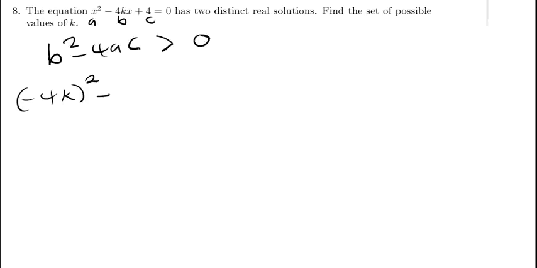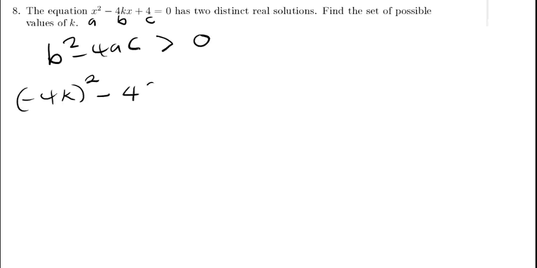B squared minus 4ac, since it has got two distinct solutions, is greater than 0. This is a, this is b, this is c. My b is negative 4k, but it has to be squared, minus 4.